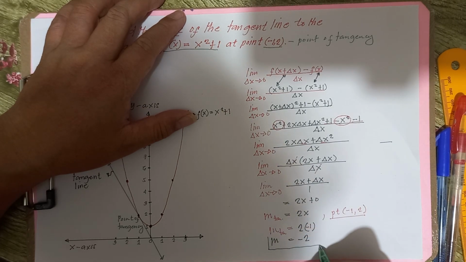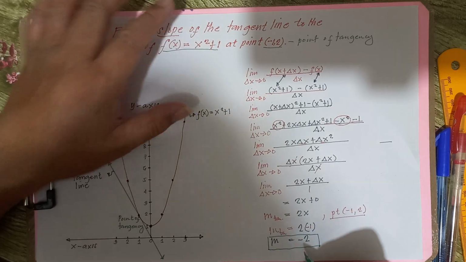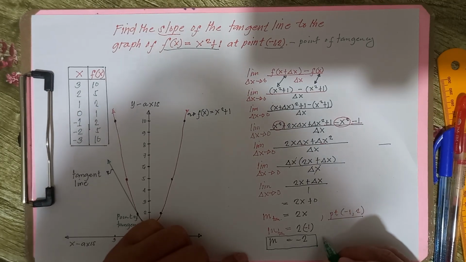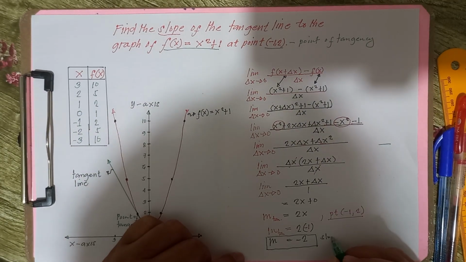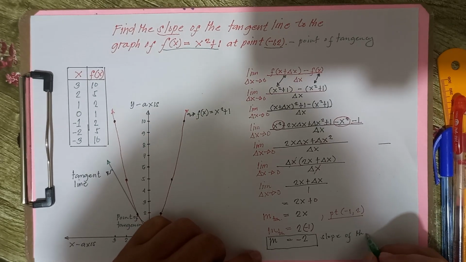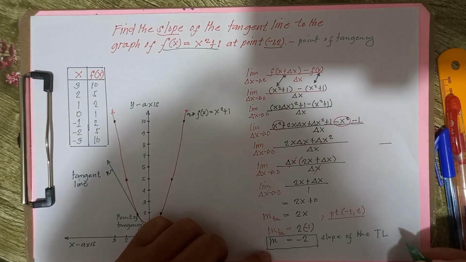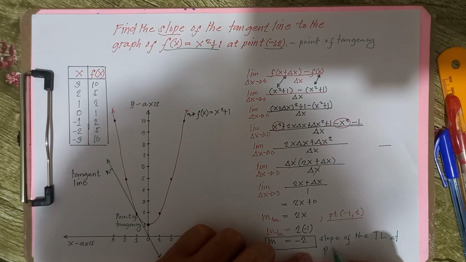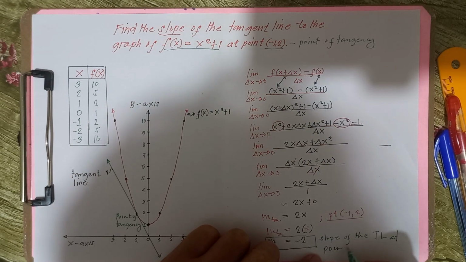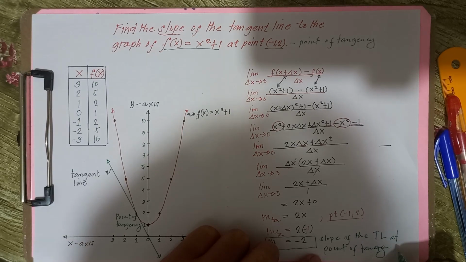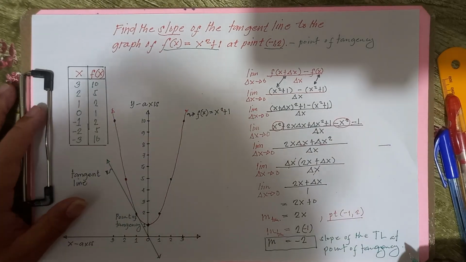Now, what is that negative 2? Again, that negative 2 is the slope of the tangent line at the point of tangency.